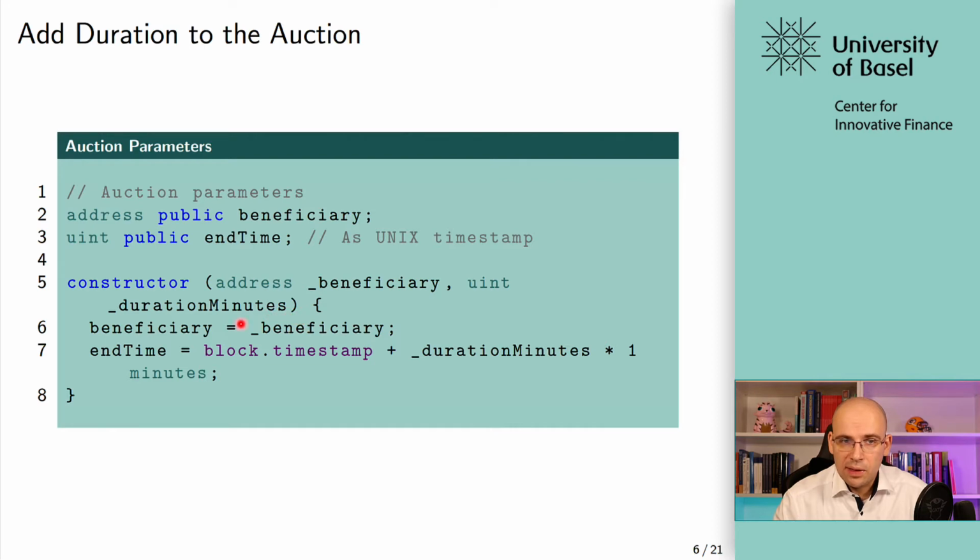And then as part of the constructor, you're not only setting the beneficiary as we did before, in accordance with the parameter, you're also taking the duration minutes that has been chosen as a parameter in the process of deployment. And then you're setting end time equal to block timestamp, so the current one, plus duration in minutes times minutes.